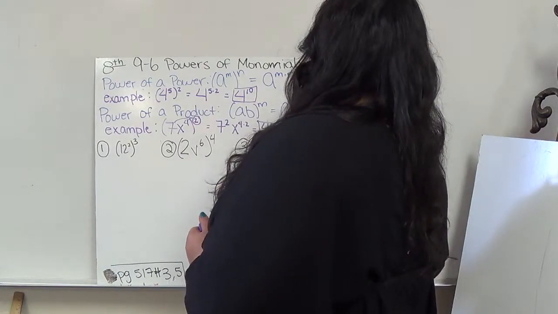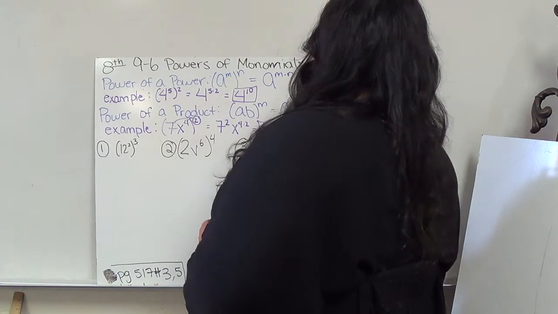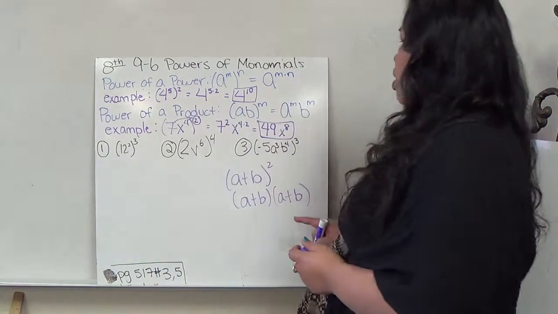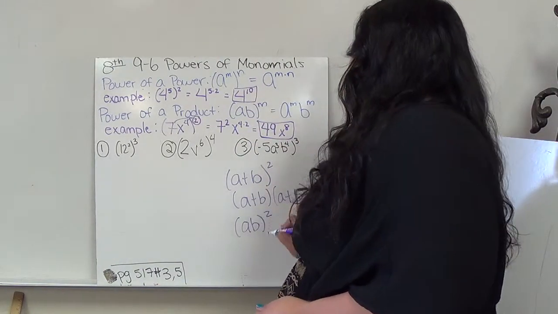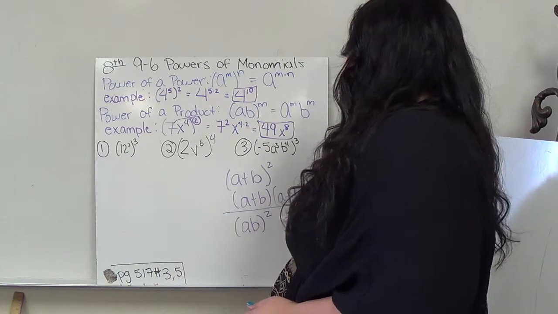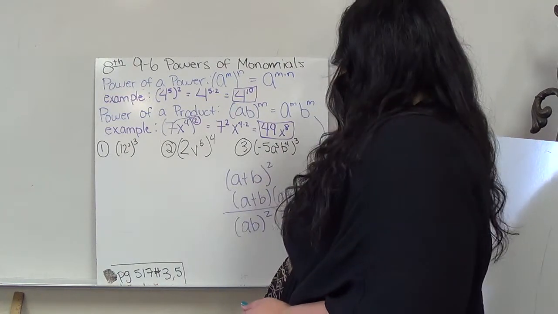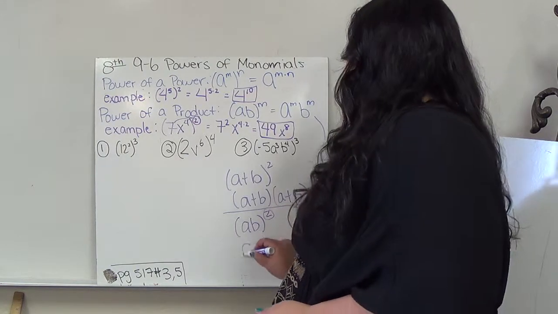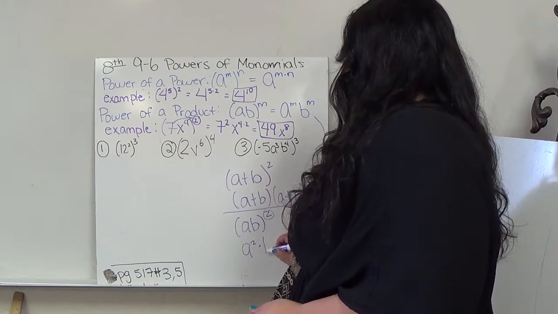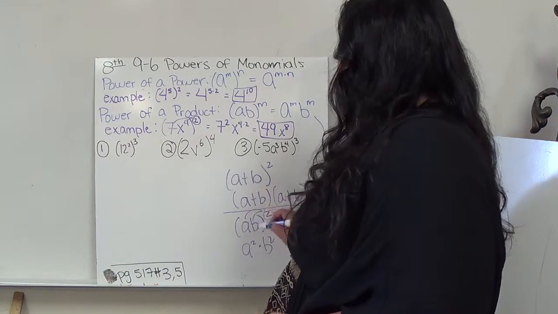I have to write a plus b twice and then FOIL it out. But if I have (a times b) to the power of 2, I can apply power of a product. So I take this 2 and do a squared times b squared. I take this 2 and give it to each one.